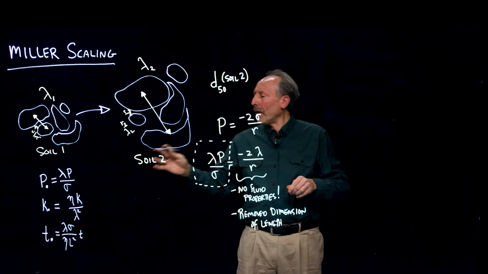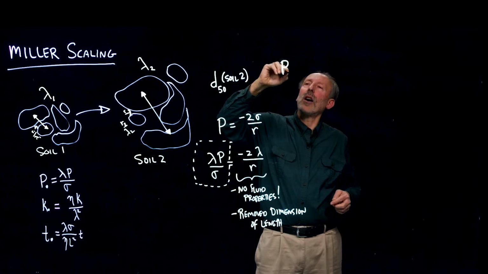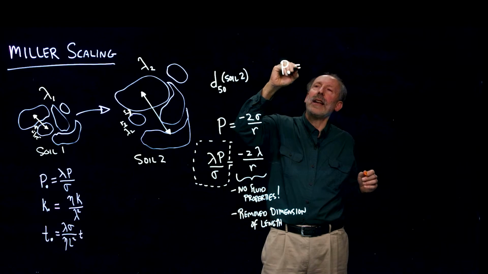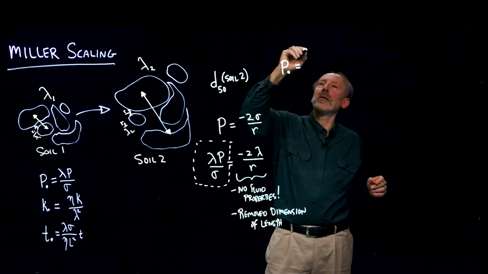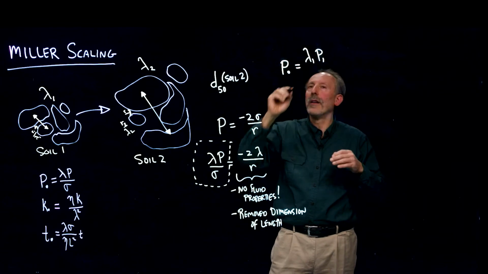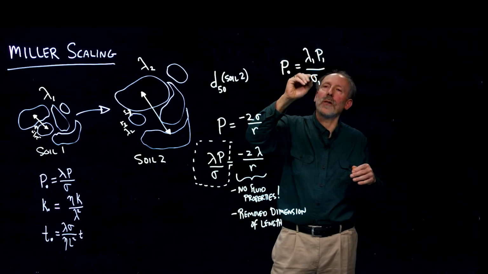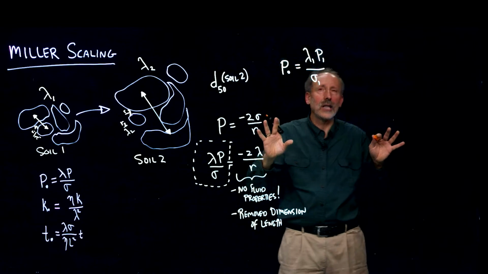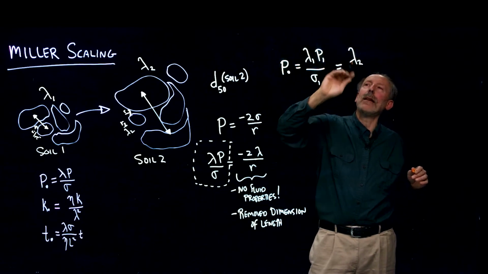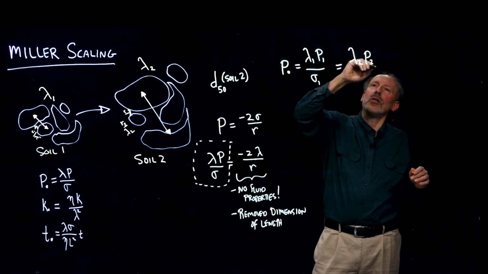Well, if we had two soils, we know then that P dot, the scaled value, is the same for both soils so long as they're the same conditions, and that's going to be equal to lambda 1 P1, the measured pressure in soil 1, over sigma 1, which is the surface tension of whatever fluid you're using in case 1. And we can say that because it's scaled, that's going to be the same as the same condition in soil 2.